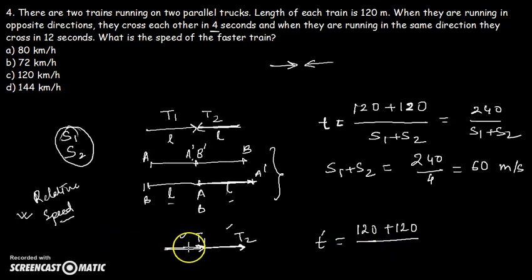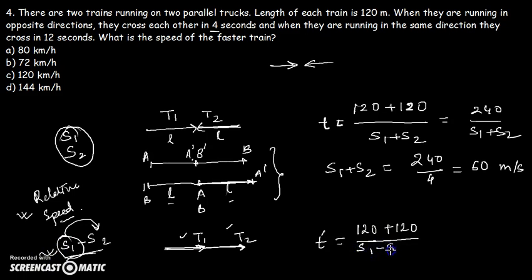Since both of them are moving in the same direction, the relative speed will be given by S1 minus S2, where S1 is the faster train, right? Only a faster train can catch up with another train. That's why the expression we will use is S1 minus S2 with an assumption that S1 is the faster train.